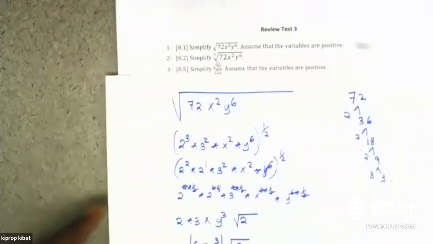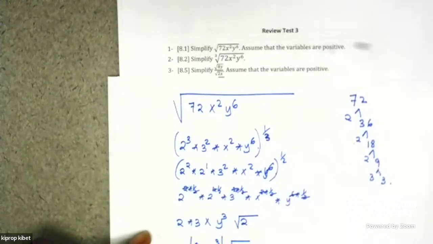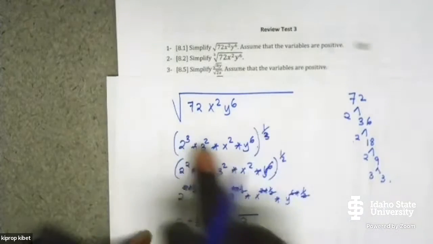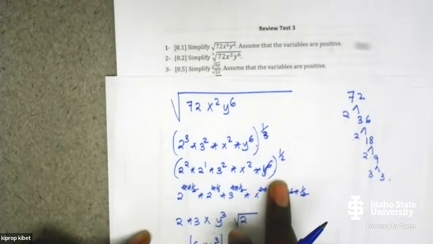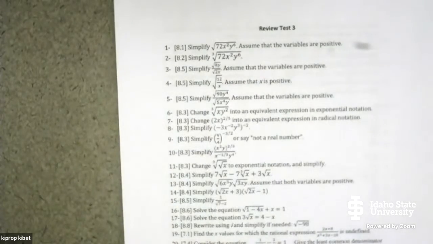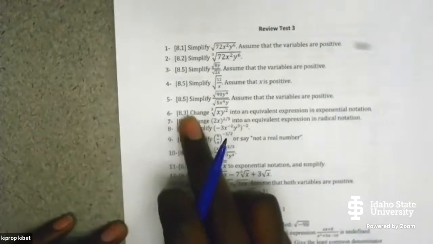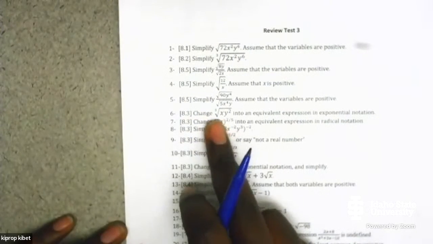If it is raised to 3, you put 1 over 3 and then you distribute. Is that okay? And then in section 8.3, look at number 6 there. It is still the same thing.